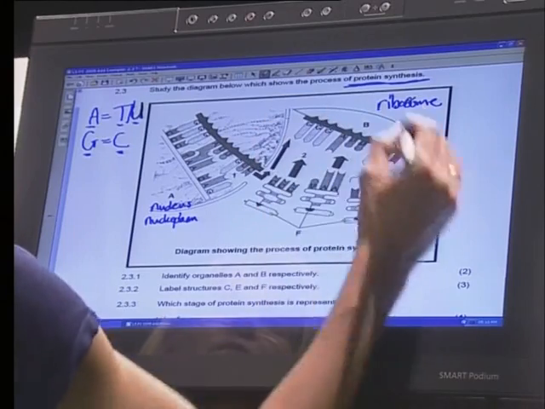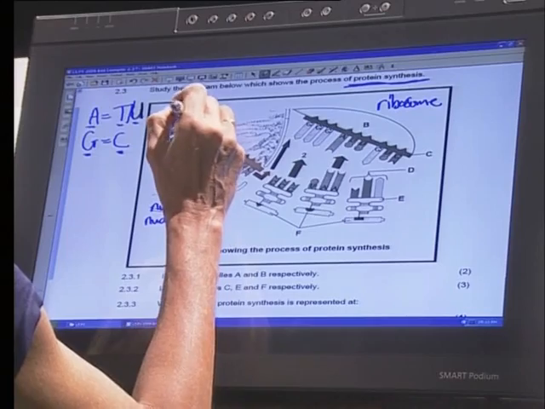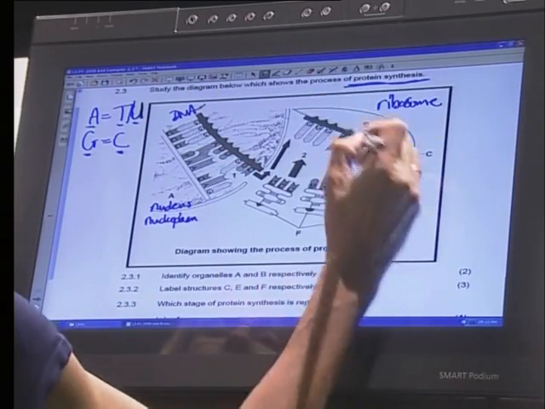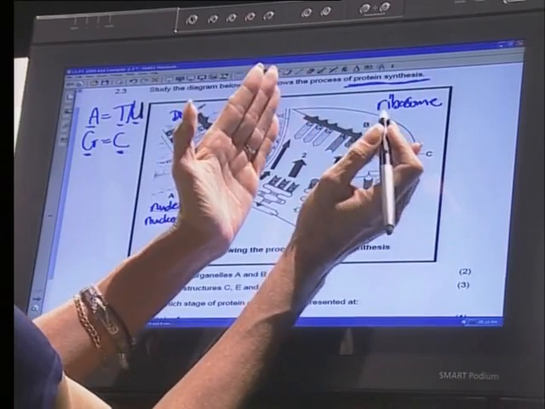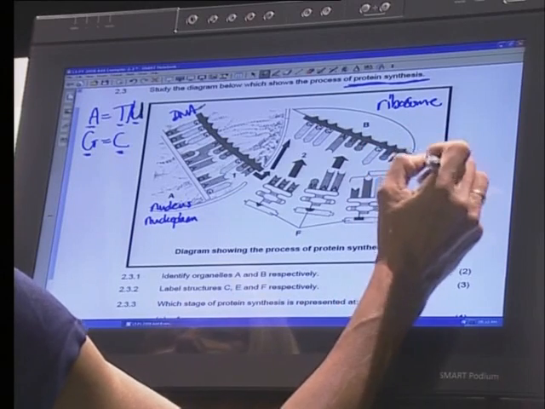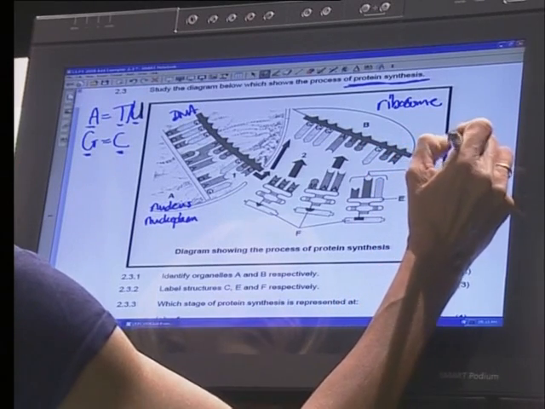All right. So you've got the ribosome, and you've got the nucleus. Here's your DNA. Here you're going to have your ribosome, which is the site where this protein synthesis is going to happen. If we look at C, C is your messenger RNA.